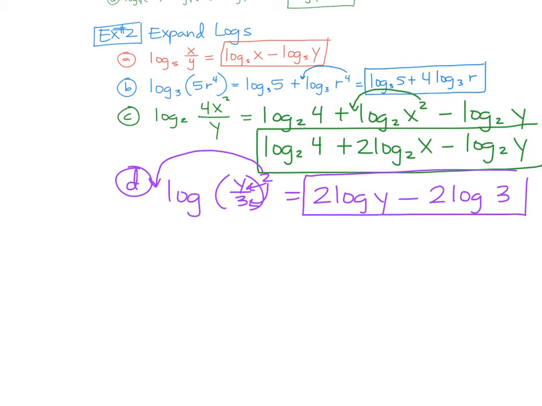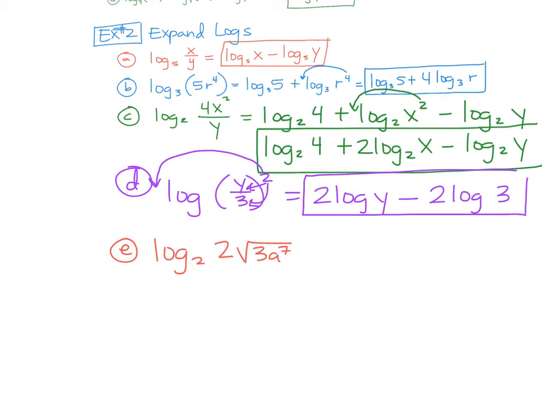All right, last one of these, and then we will jump to the next example. This one's a little bit unique. This one has a radical in it. Okay, log base 2 of 2 rad 3a to the 7th.